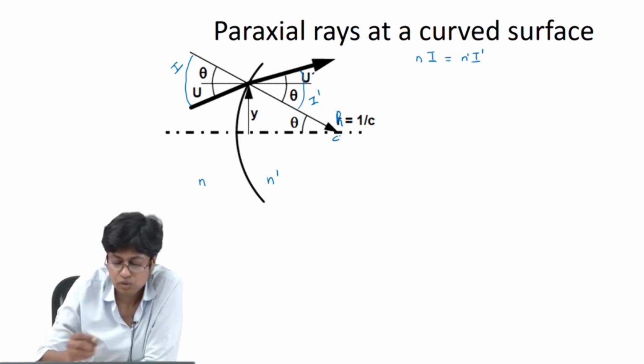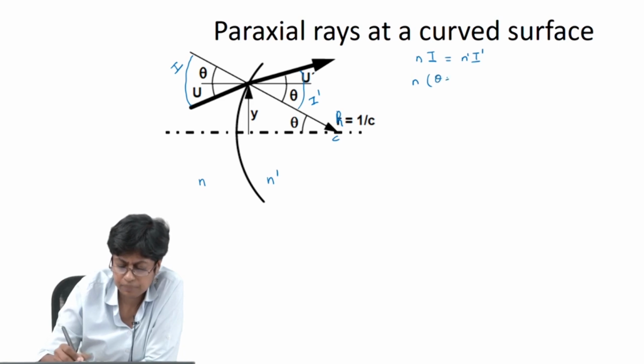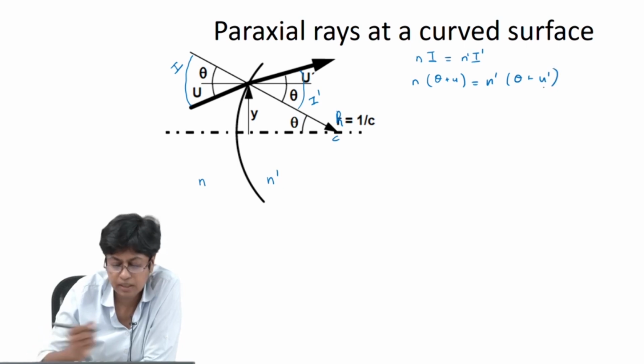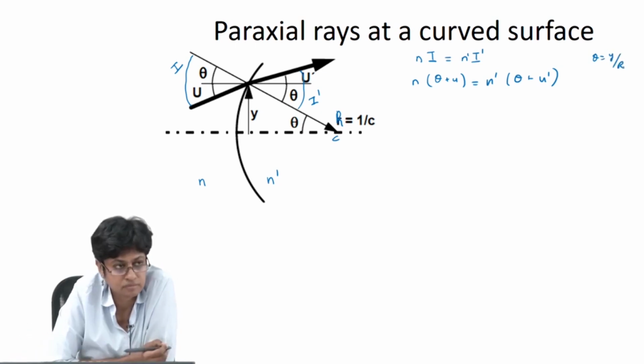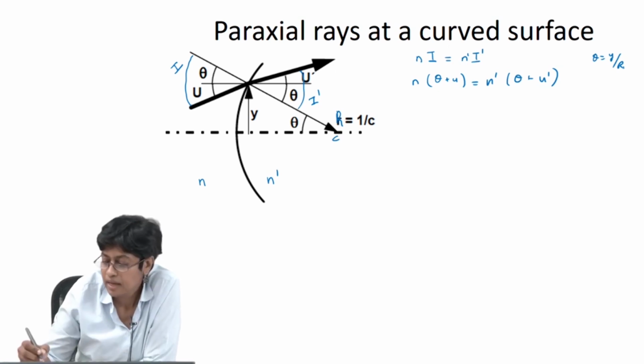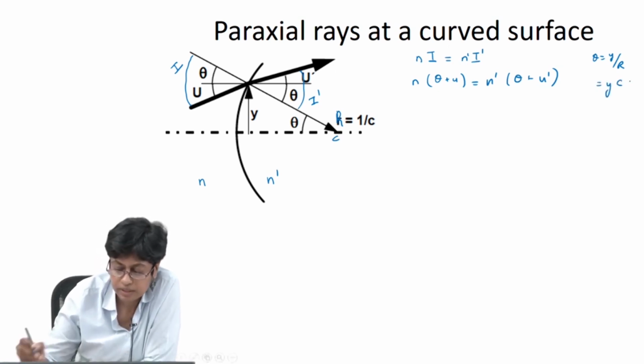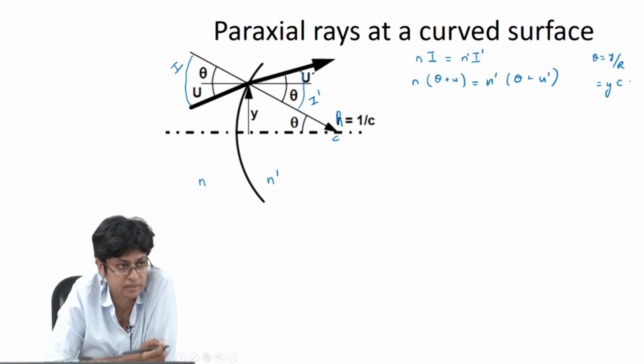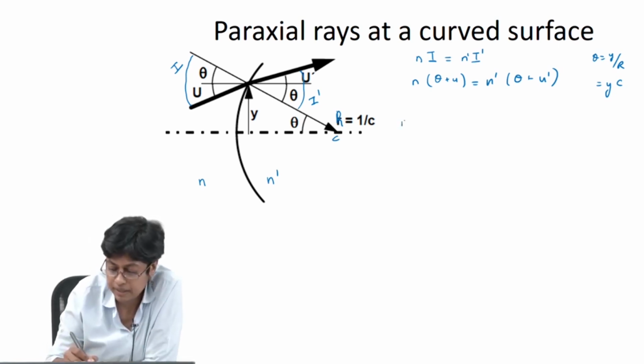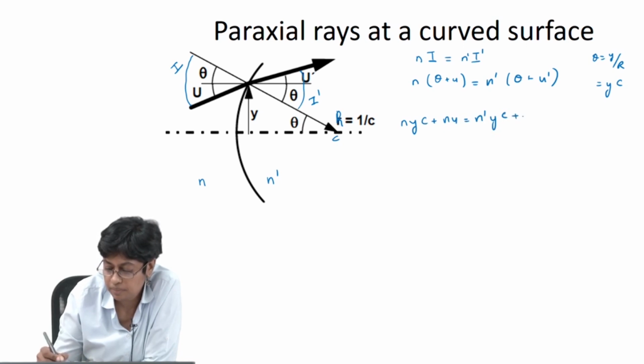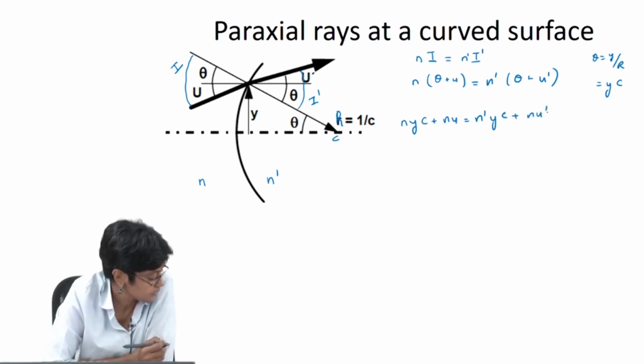So n is really theta plus u, it's n dash, which is theta plus u dash, but theta is nothing but y by r, the height of the ray, and I could just say y into the curvature. 1 by r is the curvature. So if I expand this, I have n y c plus n u is equal to n dash y c plus n dash u dash.